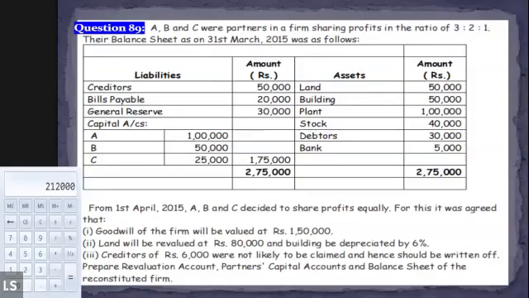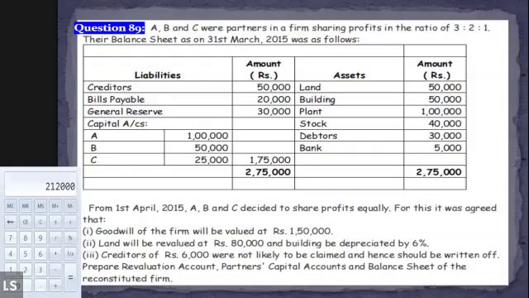This is not the closing balance, no? This is the credits. I think you are telling me the credit side balance of the partners capital account. I'm talking about the final closing balance, that is balance c/d. Balance c/d is how much?